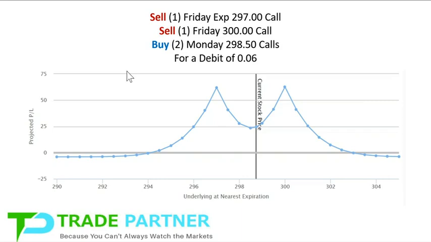Now, worst case scenario, I've got volatility. I've already projected volatility kind of dropping here. All right, so this might be fairly accurate, even if volatility drops. But if volatility really tanks, and the market's trading right at 298, then I might make a couple of bucks.